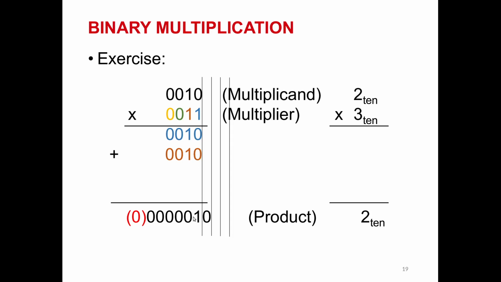So we add these 4 bits with this bit until this line, and we will have value 6. You can see this 1 will be located here, and then we shift the product one bit to the right.